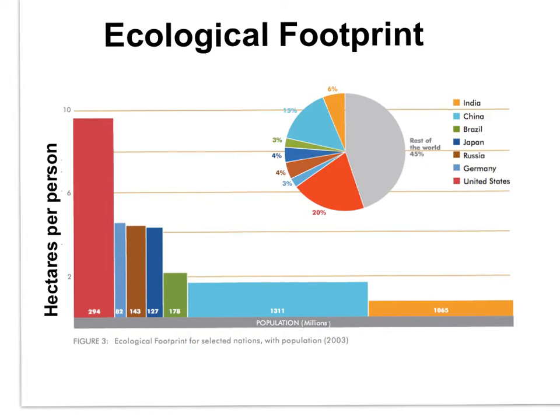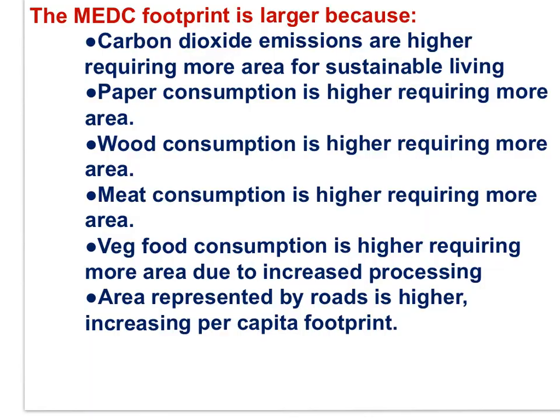So what do we do? We need to raise the standards of living for people in LEDCs while working very hard to lower the consumption patterns of people in MEDCs. The average per capita ecological footprint of people in MEDCs is larger than the per capita footprint of people in LEDCs because people consume more in MEDCs. It's that simple.